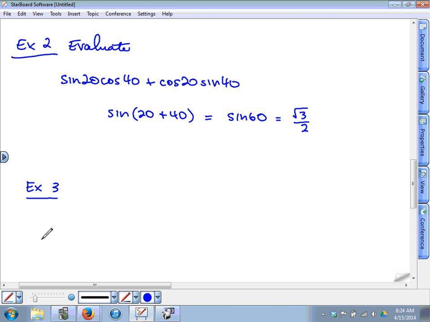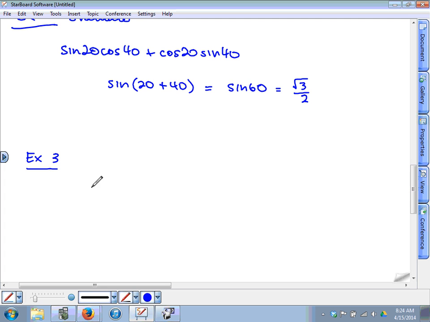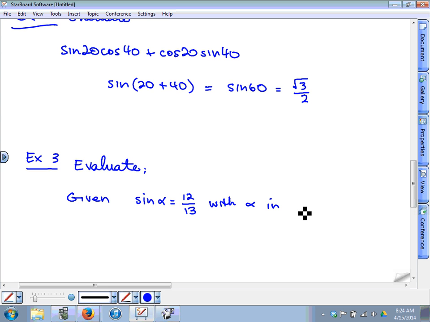This is actually more what I would like you to expect to see on an exam from this section in particular. These kinds of questions right here. Okay. Evaluate. Given sine of alpha is equal to 12/13 with alpha in quadrant 2.